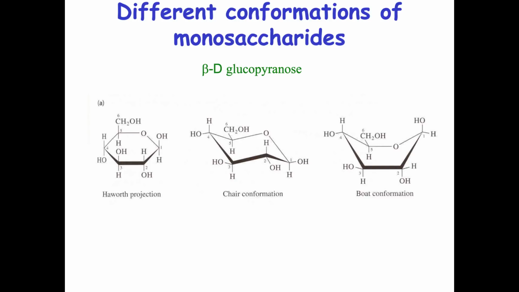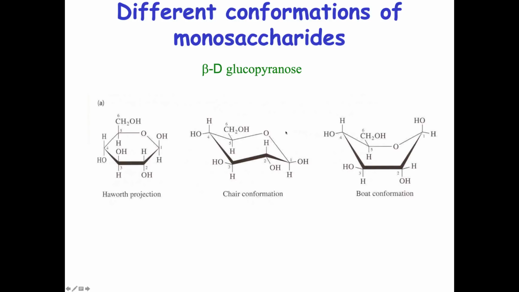Now, we've been drawing these cyclic structures as Haworth projections, and that's because they're easy to visualize. However, these structures are not planar, and monosaccharides tend to adopt one or two different conformations. Here we see the Haworth projection.